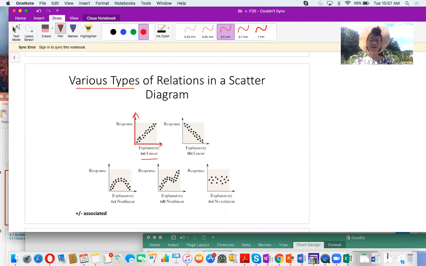And in this linear plot, when you increase X, Y also increases. So we call it a positive linear relationship. This graph is also linear, okay? But when you increase X, Y decreases. So that is the negative linear.